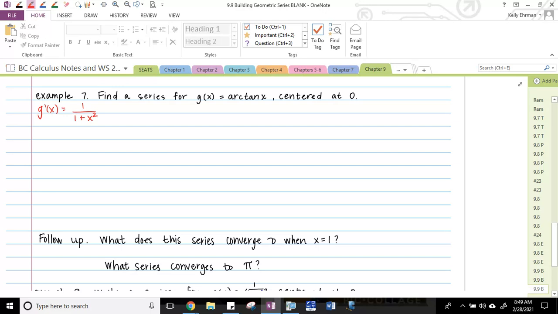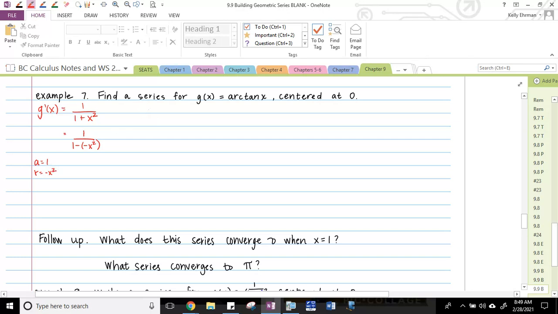So I'm going to do the same thing I did last time. Let's build this power series and get it in the right form: 1 over 1 minus negative x squared. I've got the 1 I need. I've got the minus r. So a is 1, and r is negative x squared.